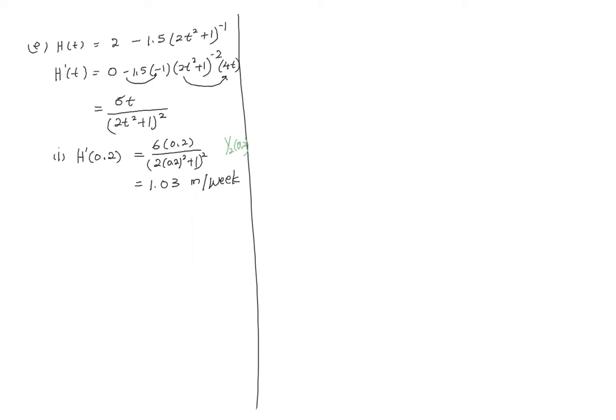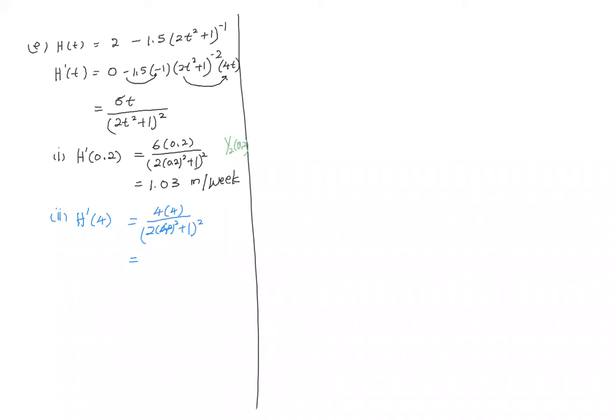Same goes with number 2. That is h prime 4. Same thing, you just sub in. Then after that, you call out your y2 and you give me the answer. Christopher, what is the answer? Isn't it 6 times 4?